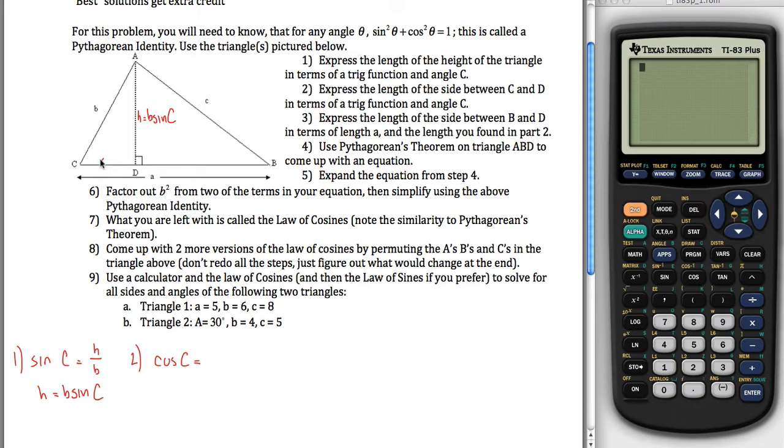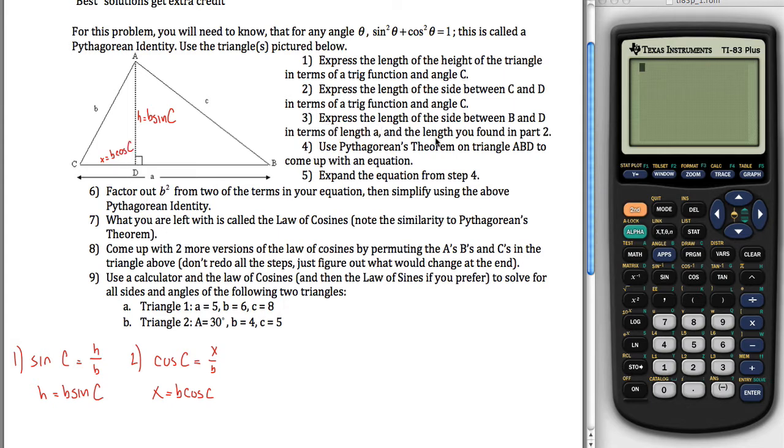We'll call this length x, and I can say that the cosine is adjacent over hypotenuse, so that's x over b. In other words, x is equal to b cosine of C. Alright, that's the end of 2.